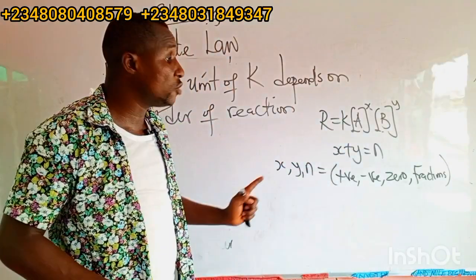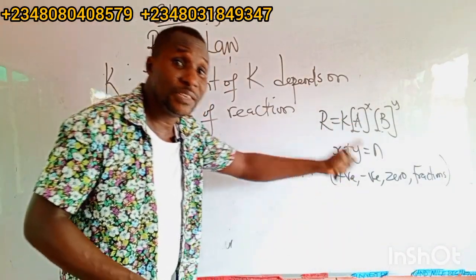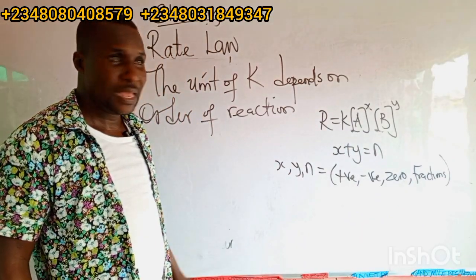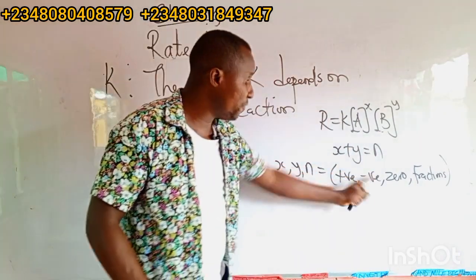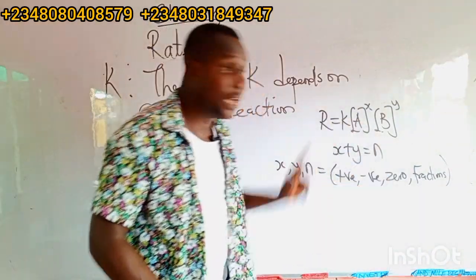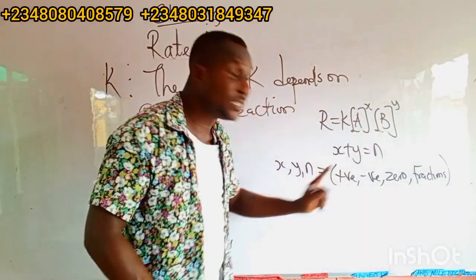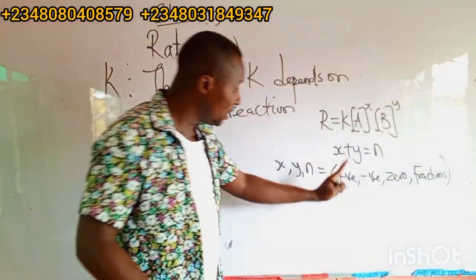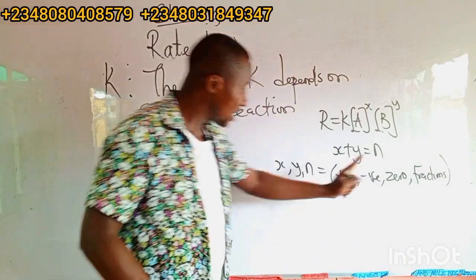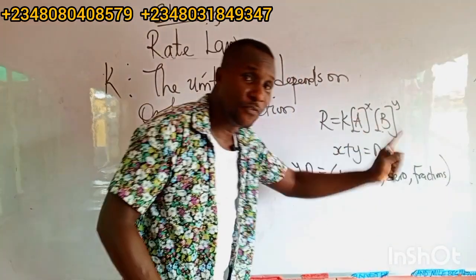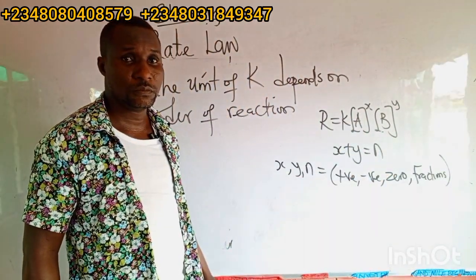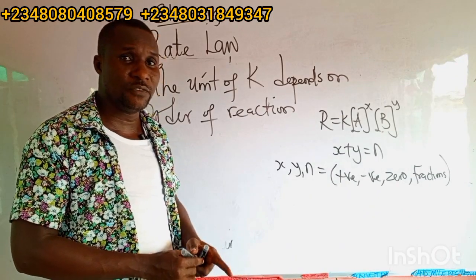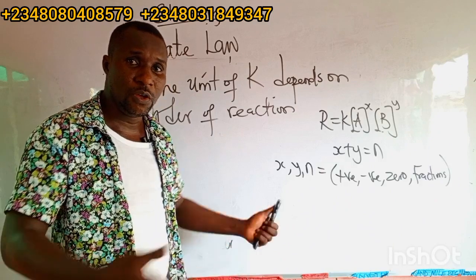The overall order can also be a negative value, positive value, zero, or fraction. y can be positive, negative, zero, or fraction. n can also be negative. The overall order of reaction can be positive, negative, zero, or fraction.